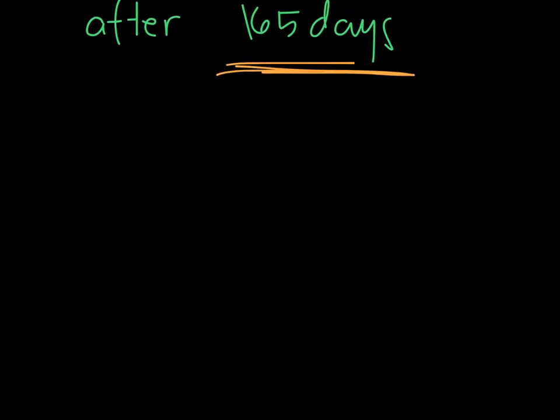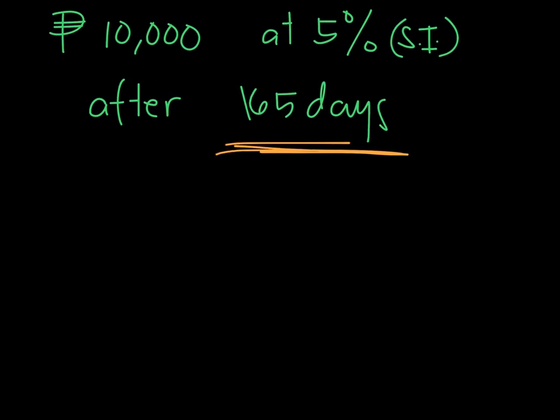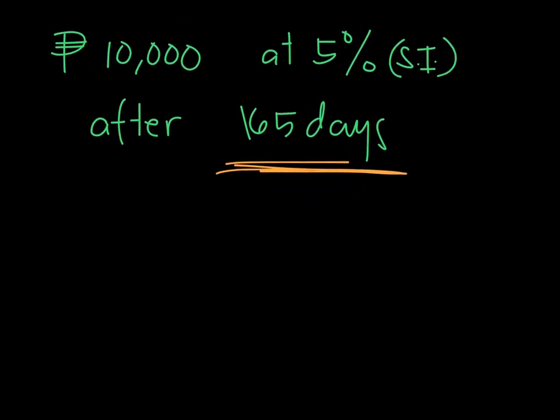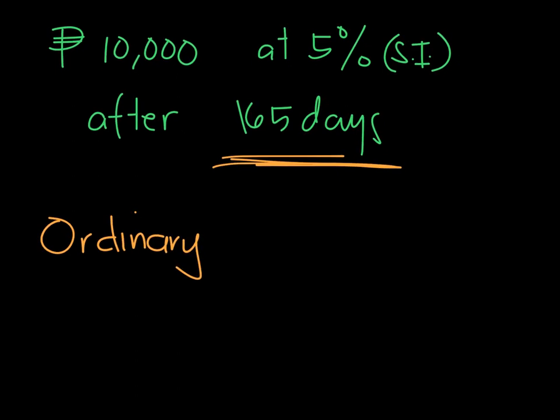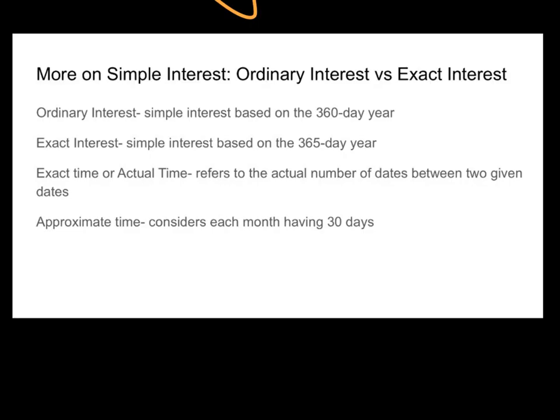So first, we need to determine what type of interest we are talking about. Is it ordinary or exact interest? Okay, so I'll show you the difference between the two.